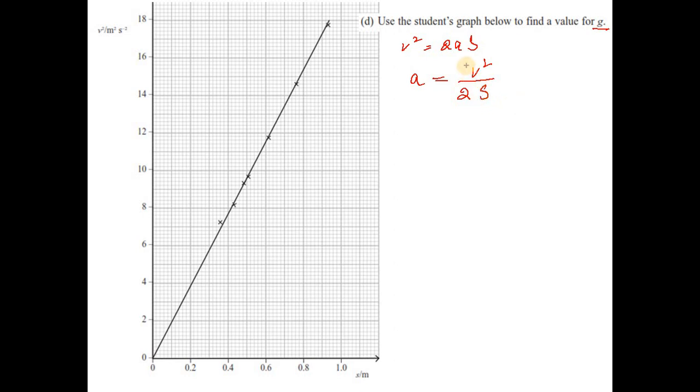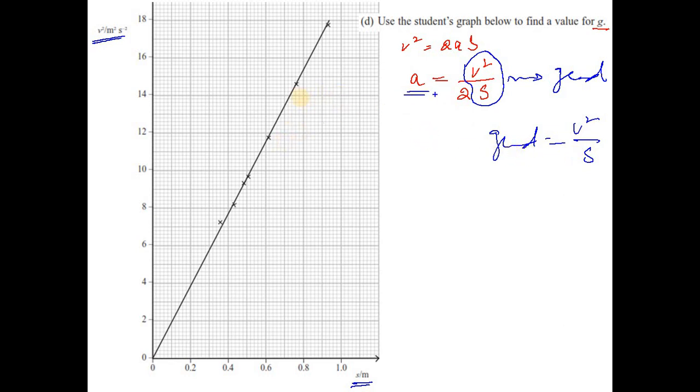Moreover, v squared over s is the gradient of the graph, because the vertical axis is v squared and the horizontal axis is s. So we find the gradient of the line, and the gradient divided by 2 gives us the acceleration. The only thing we need to do is find the gradient and halve it.